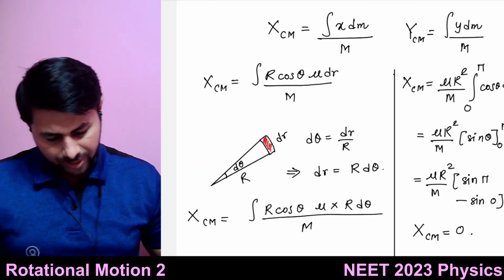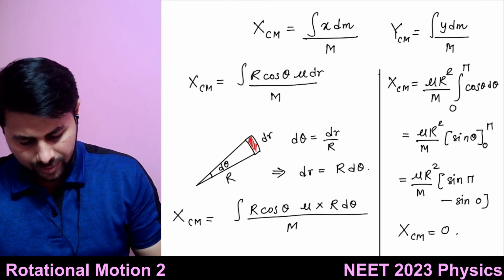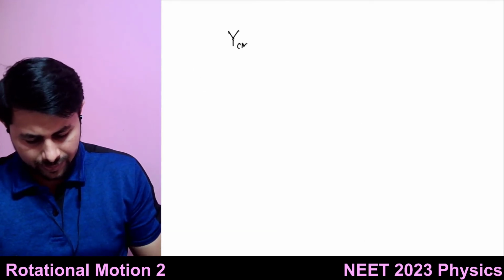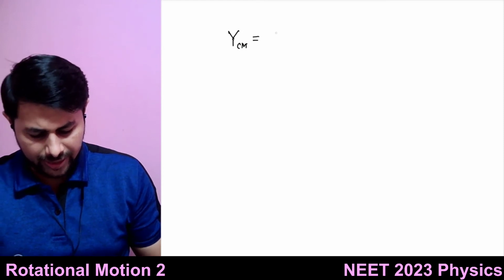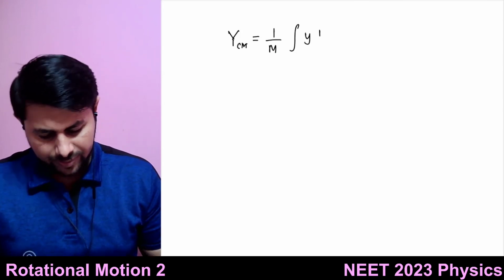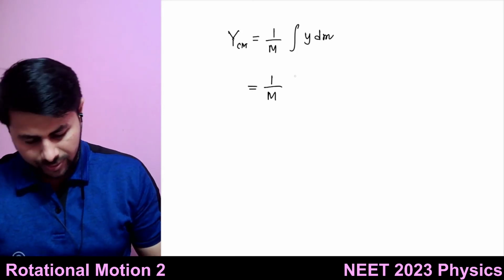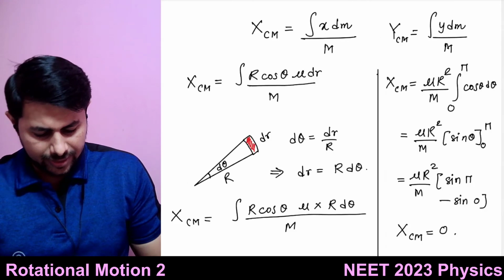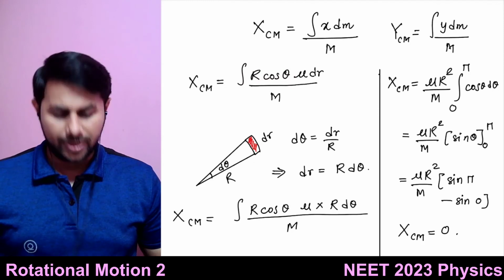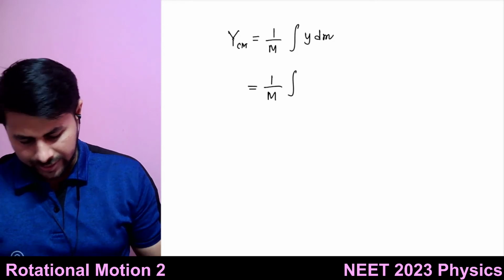Now let's find the y coordinate. The y coordinate of the center of mass is 1 upon m multiplied by the integral of y dm. Here y is r sin theta and dm is mu dr, where dr is equal to r d theta.